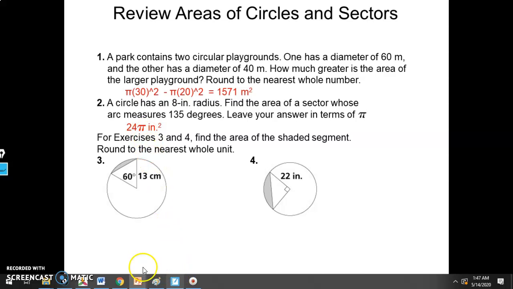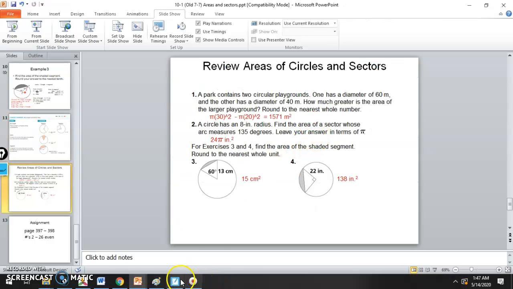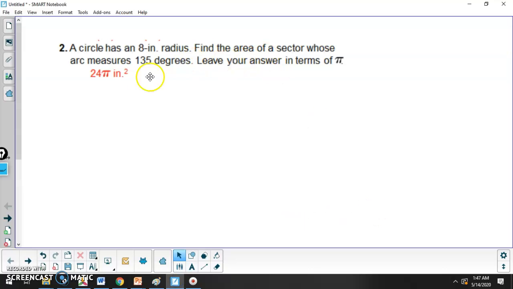Now let me go ahead and do that over here. We're trying to figure out the area of a sector. The area of a sector is a fraction of the circle's area.